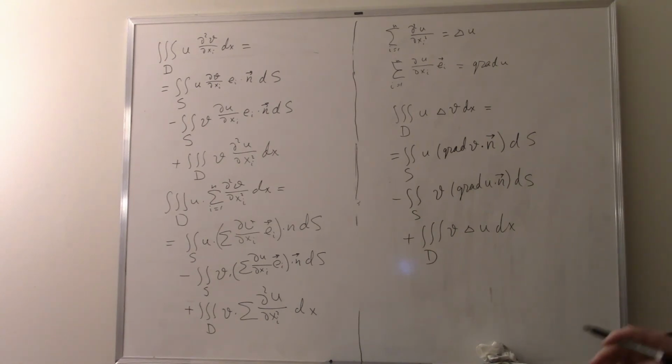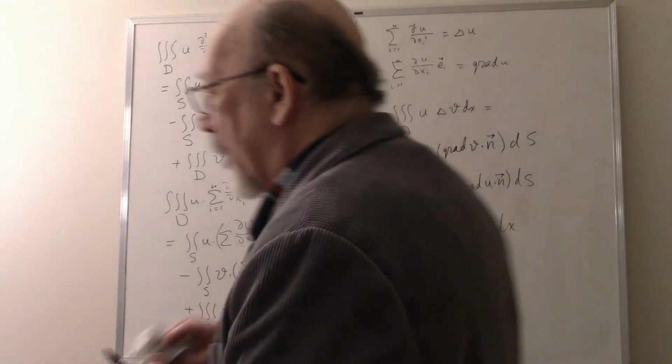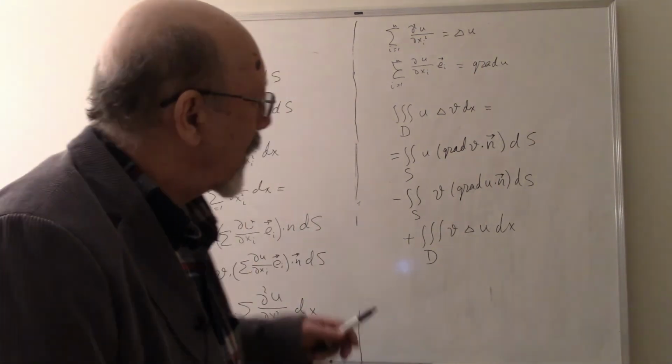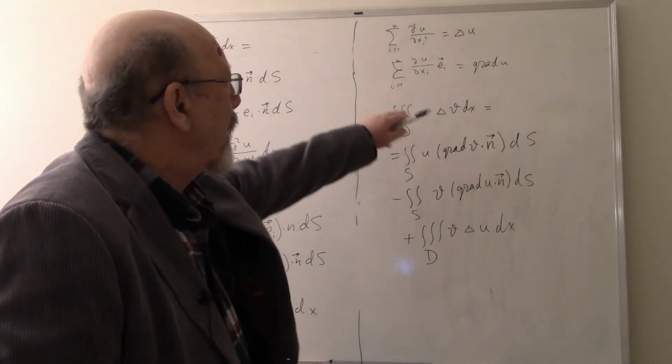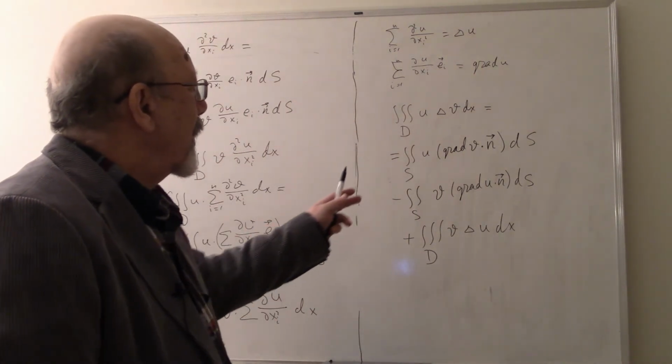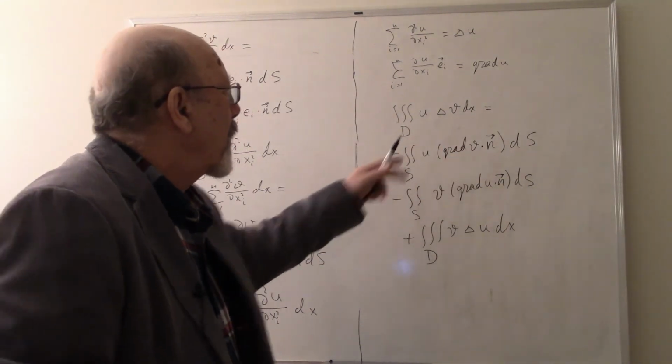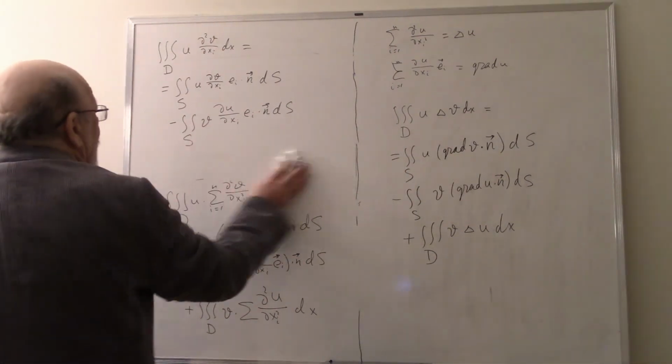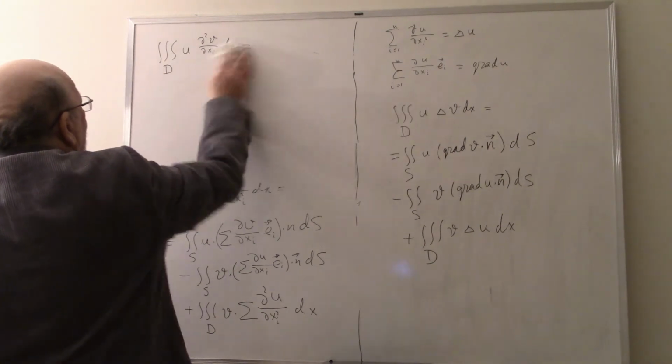Now we can move all the volume integrals over D to the left and leave the surface integral to the right and have the final formula.